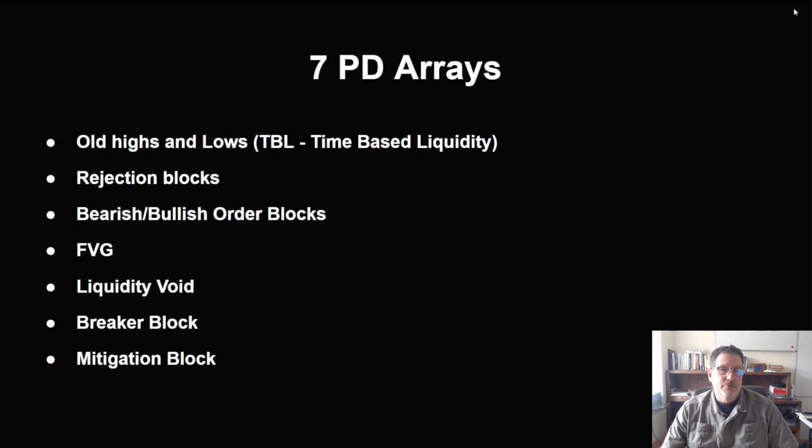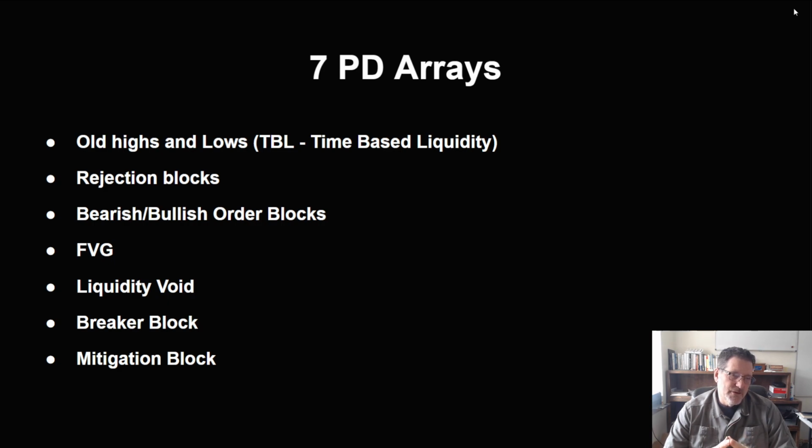There's 7 PD arrays. Old highs and lows. I put in there time-based liquidity. That's the most key levels of old highs and old lows, but we'll talk about them more when we get there. Rejection blocks, number 2. Number 3, bullish and bearish order blocks. Number 4, fair value gaps.